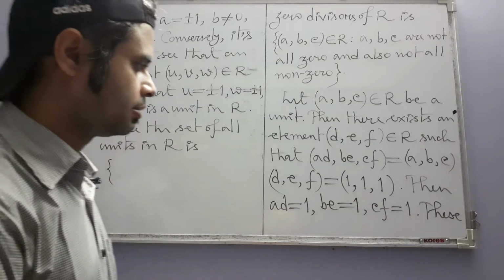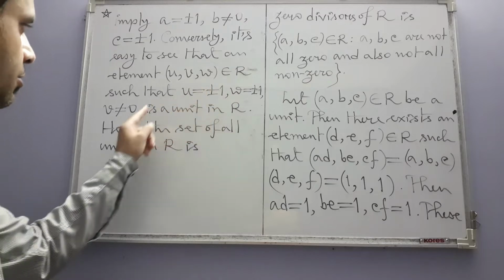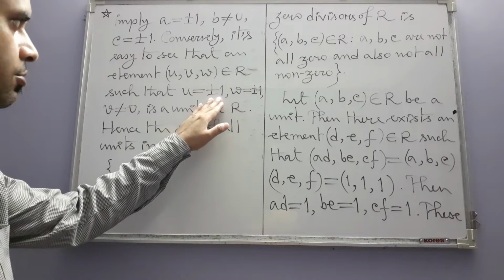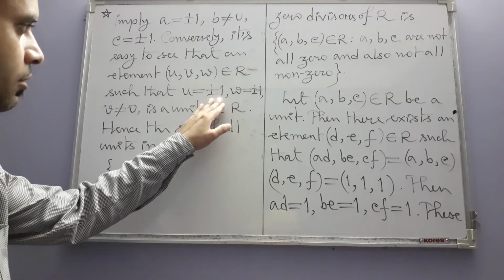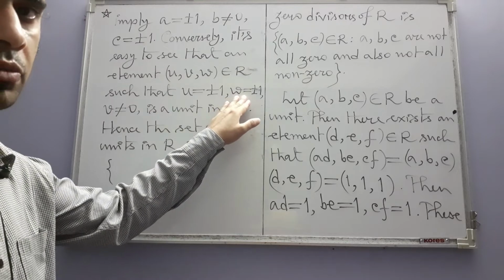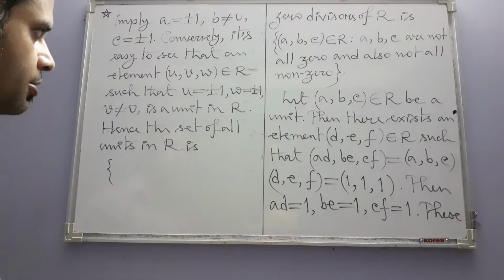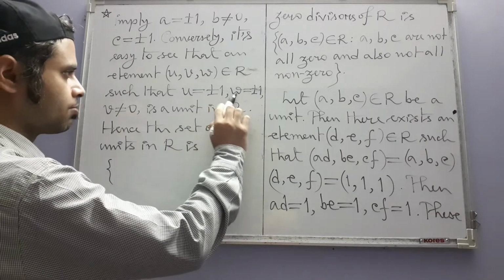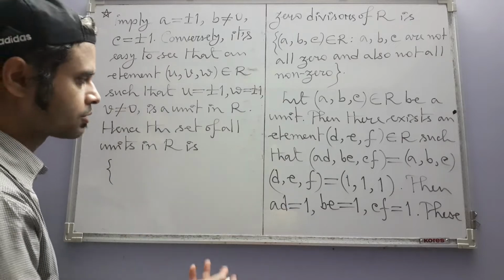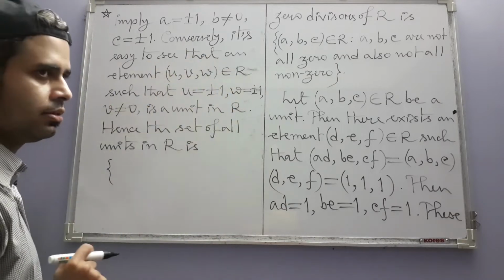Note one more thing, that in this type of element where these conditions are true, what you are choosing U to be does not influence your choice of V or your choice of W. And this can also be said about the other cases. What you choose W to be, whether you choose W to be 1 or W to be -1, does not affect the fact that this is going to be a unit.